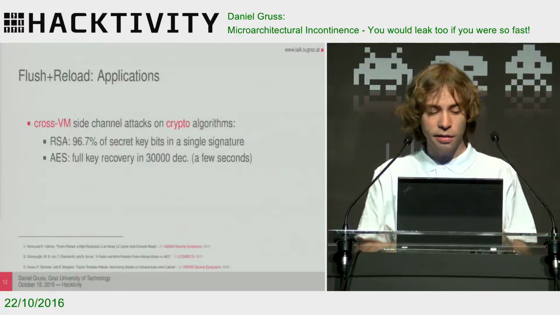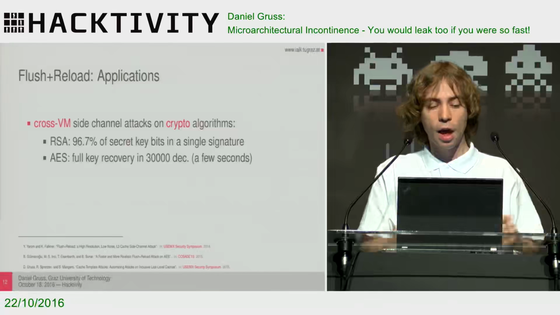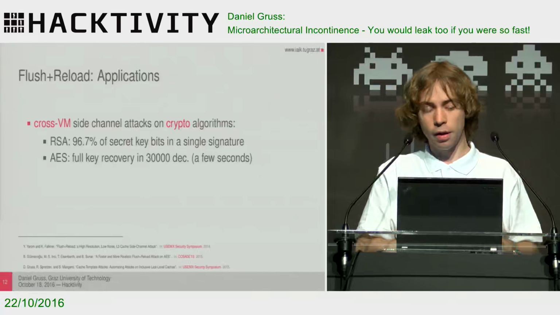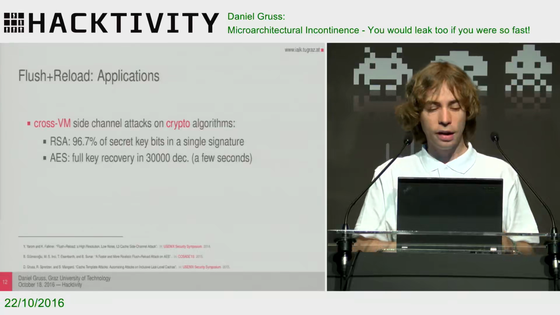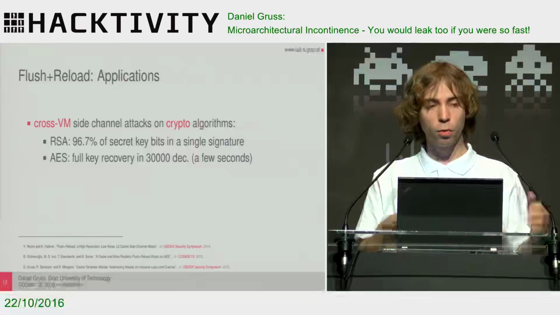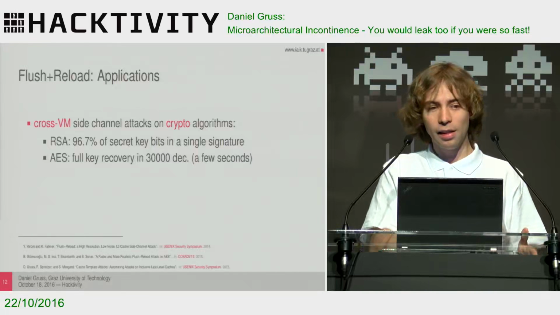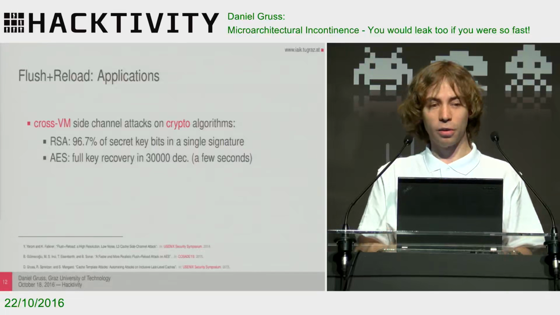And you can do really nasty stuff with that, for instance, on RSA. If you have an RSA encryption with a typical square and multiply routine implemented for the exponentiation, you can derive almost 100% of the key bits after observing a single encryption through the cache.